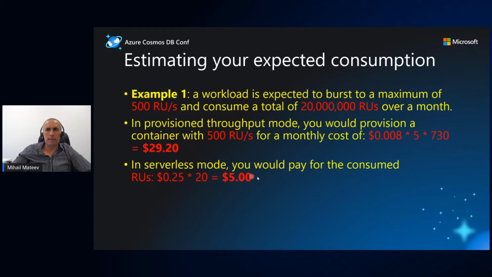In such a comparison, you see that serverless mode is nearly 6 times more cost-effective. In the second example, we have a workload where the expected monthly load is 250 million request units. In this case, serverless mode is already a little bit more expensive, so we need to have the right estimation regarding the price.